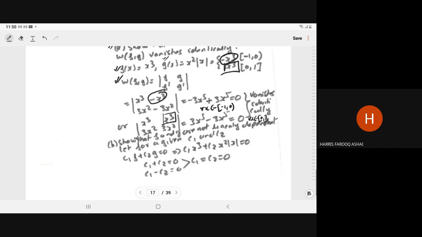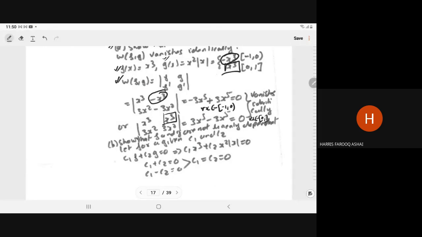So for LD, first we have to see: let for given constants C1 and C2 we have the linear combination C1 f plus C2 g is equal to 0. By the definition, if a non-trivial linear combination of two vectors, two solutions, two functions is equal to 0, then we say it is LD, otherwise we say it is LI.